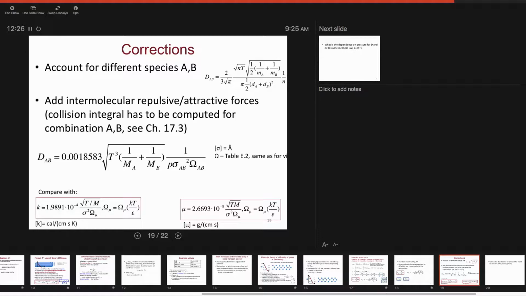Okay? So if you compare that to what we had for thermal conductivity or viscosity, I see that I have essentially a difference here. I have T to the 3/2, and I also divide by pressure here.